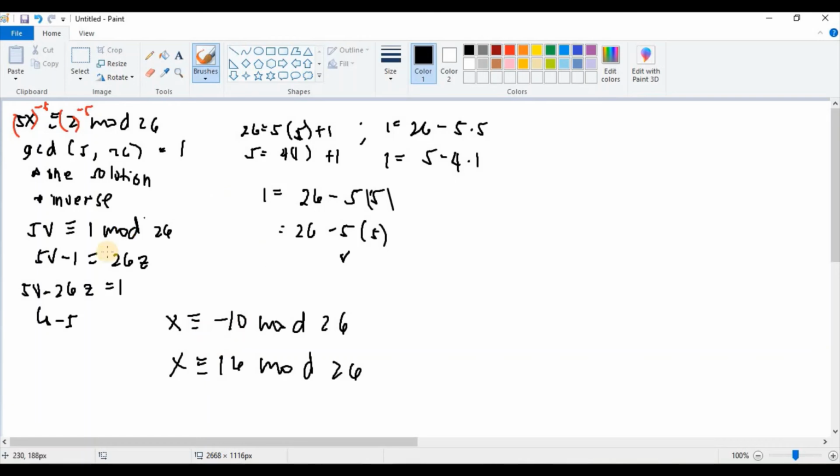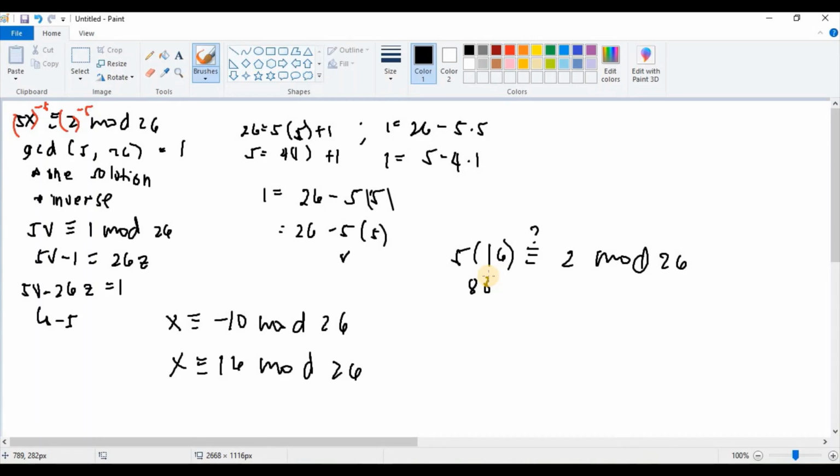Okay? So, i-try natin, i-substitute. We have 5 times 16. Is it congruent to 2 mod 26? Yan. Try muna natin. 5 times 16. Yes, 80. Yan. So, 80 divided by 26, 3.